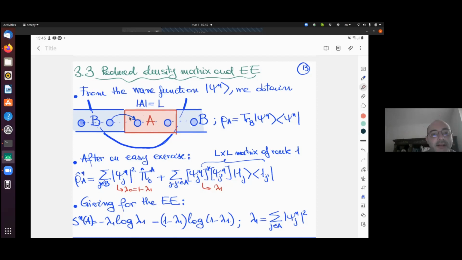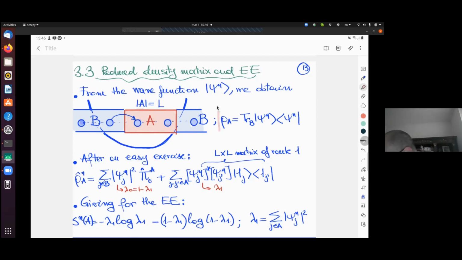Then we observe only local operators within this region, and therefore we calculate the reduced density matrix of the state by tracing over the degrees of freedom outside A, which are these B degrees of freedom.